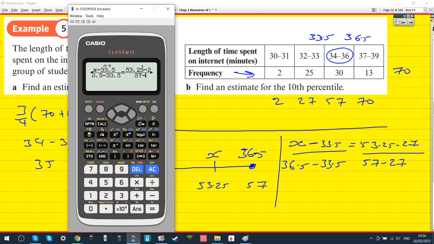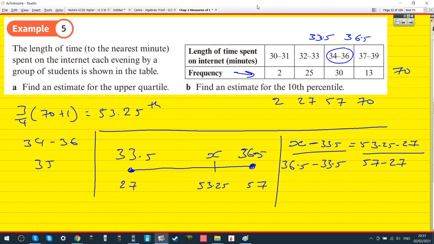And does it seem like a sensible estimate? Yeah, it does. And so you'd go with that one.